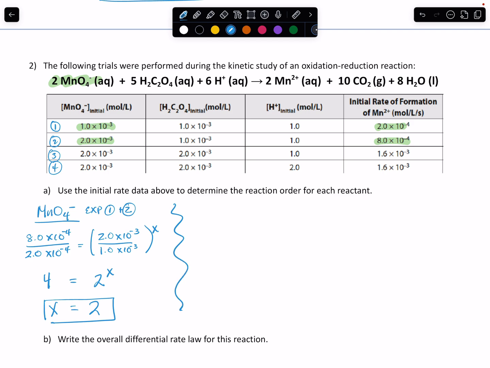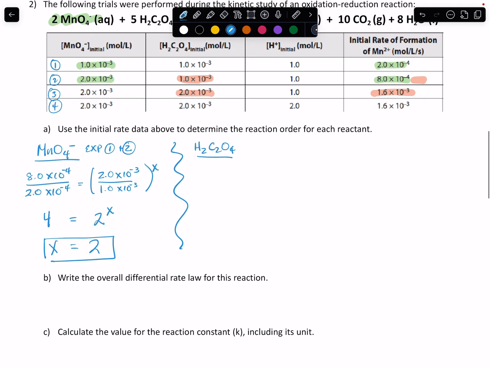So we are second order in reference to the MnO4 minus. All right, now I'm going to repeat for H2C2O4, oxalic acid. All right, I go back and I look. All right, so I need to hold the other two constant. So that's going to be experiments 2 and 3. And then I'm going to set up just like I did before.